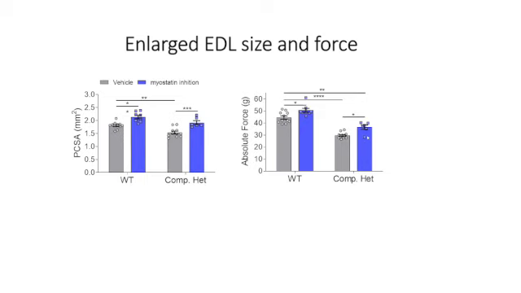injected with myostatin inhibitor. If the absolute force is converted to specific force by dividing it by the cross-sectional area of the muscle, we can see that the specific force is unaffected by myostatin, which suggests that the quality of muscle that is added is the same as in the compound heterozygous treated with vehicle, but we have more muscle and therefore more force.